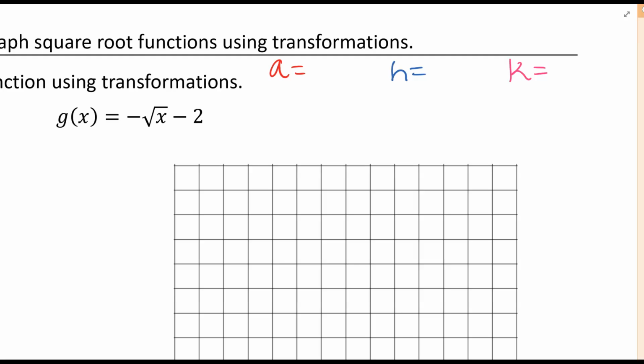Okay, what's A? -1. H is going to be what? 0. Good. And then our K value is going to be -2. That's because the -2 is on the outside of the square root, so it's a K.